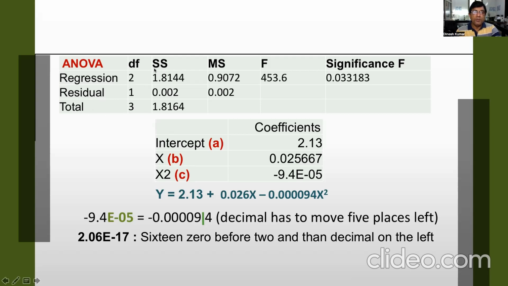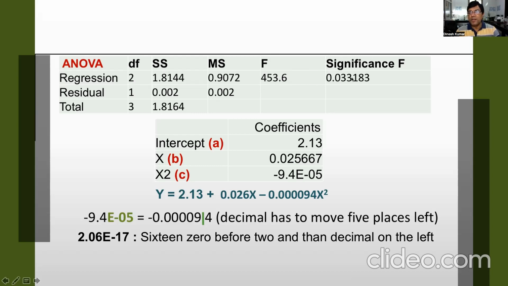And these are the values of sum of squares, 1.8144, and this for residual. And then mean square is your variance: variance for regression, variance for residual. If you divide this by this, you get 453.6. This is the F calculated. And you can compare at 2 and 1 degrees of freedom the F table value, and you can see the significance.